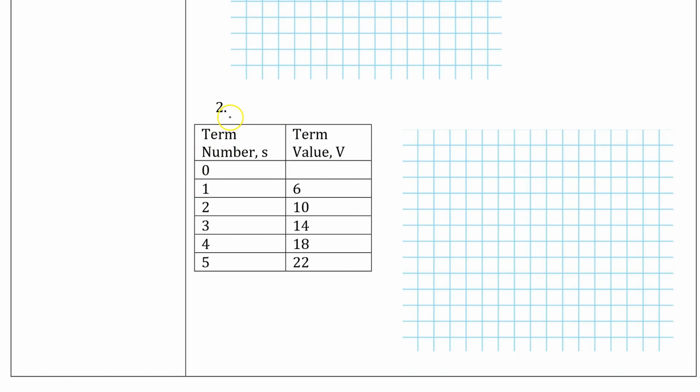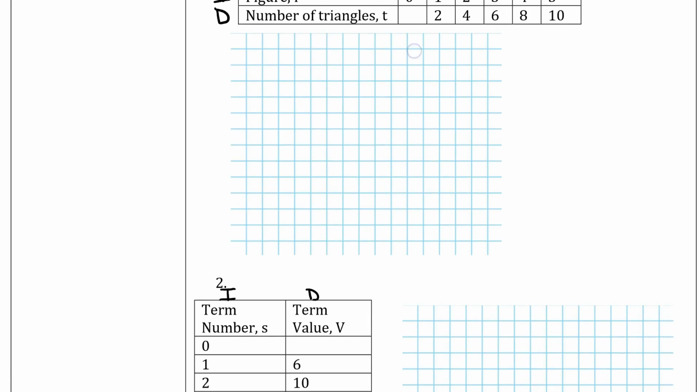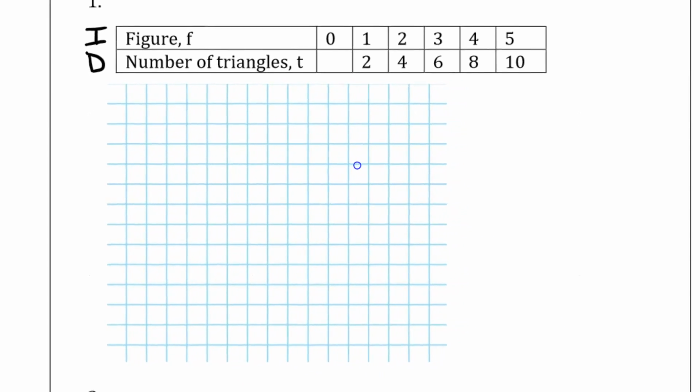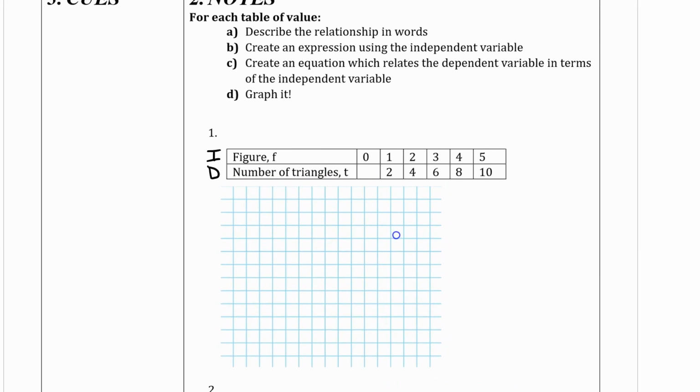We say the column on the left is our independent and the column on the right is our dependent. So we're going to see two different kinds. We're going to see a horizontally and a vertically presented chart. But let's just focus on this one first. Let me just get those instructions in there.